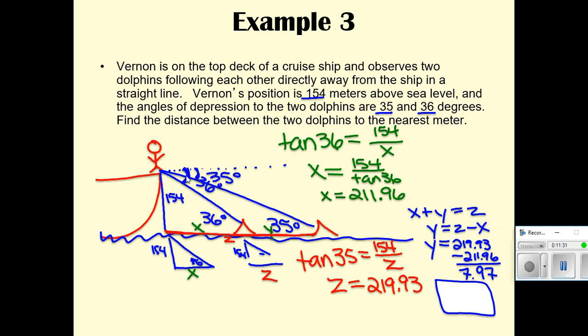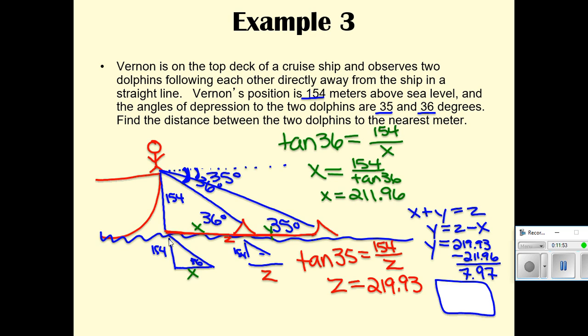So this is 36 degrees and 35 degrees. So we're going to do 36, draw a triangle, and then we're going to use 154 over x, and for 35, 154 over y.